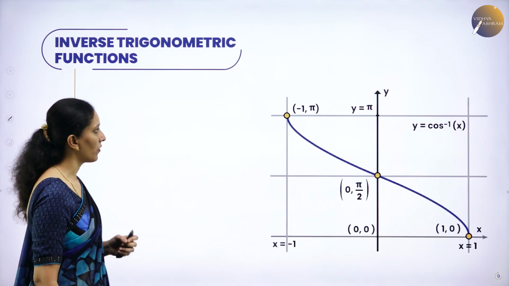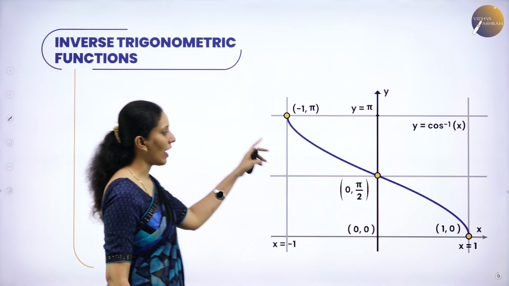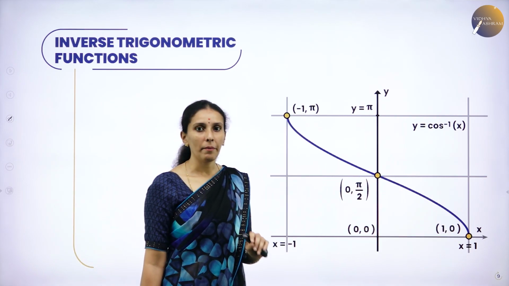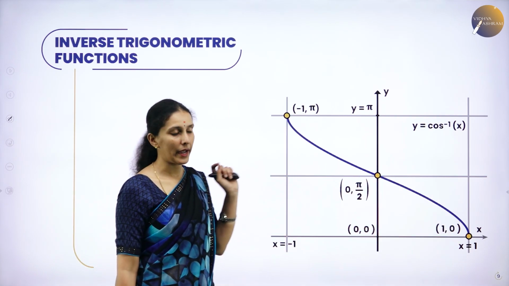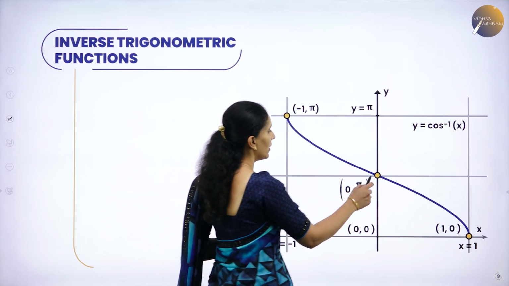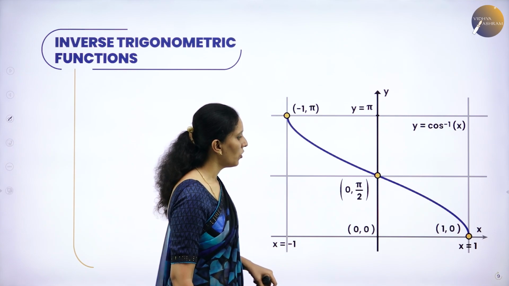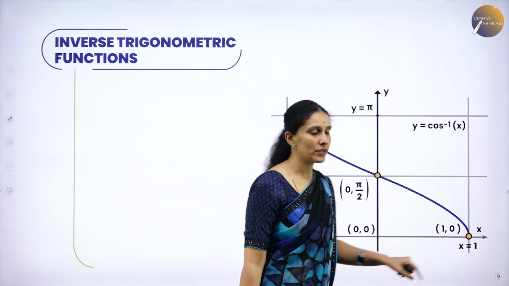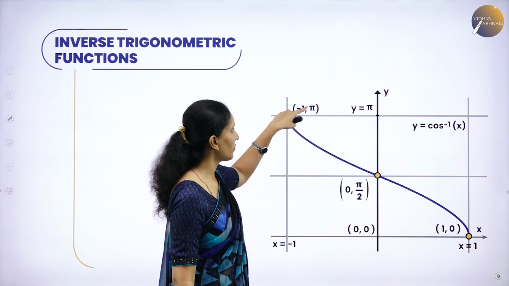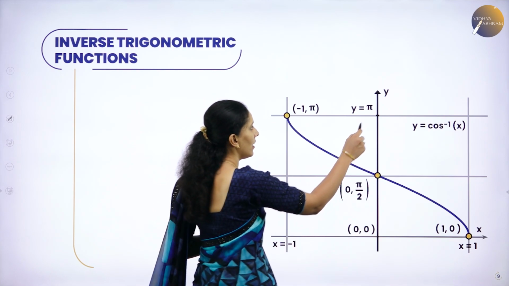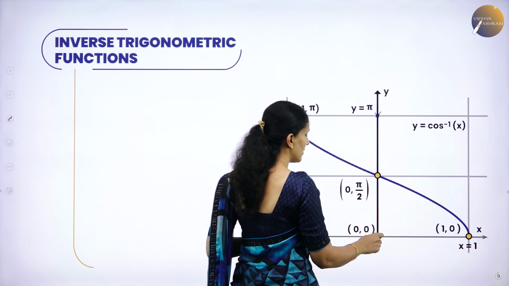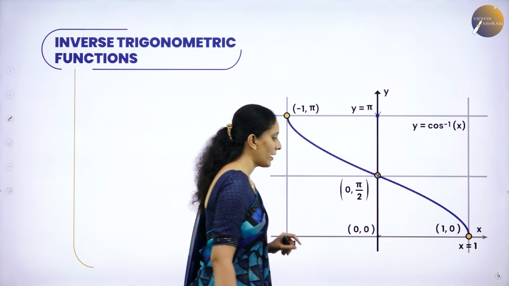Let's see the graph of the cosine function. So this is the graph of the cosine function from the interval 0 to pi here. So you can see here, for cos 0, the value is pi by 2. For cos 1, the value is 0. And for cos of minus 1, the value is pi. So this is the pi, and this is the value pi by 2 and 0.